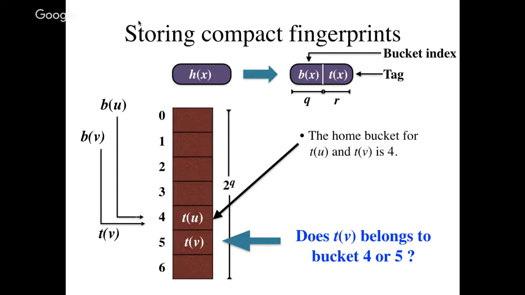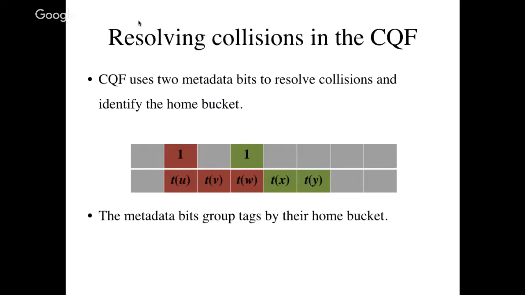To resolve all these collisions in the counting quotient filter, we use 2 metadata bits per slot. The 2 metadata bits help us resolve the collisions and at the same time identify the home bucket of each and every tag in the data structure. The metadata bits help us group all these tags together by their home bucket. For example, all these tags in red store the information for this home bucket, which is here, but they're not stored in their home location.